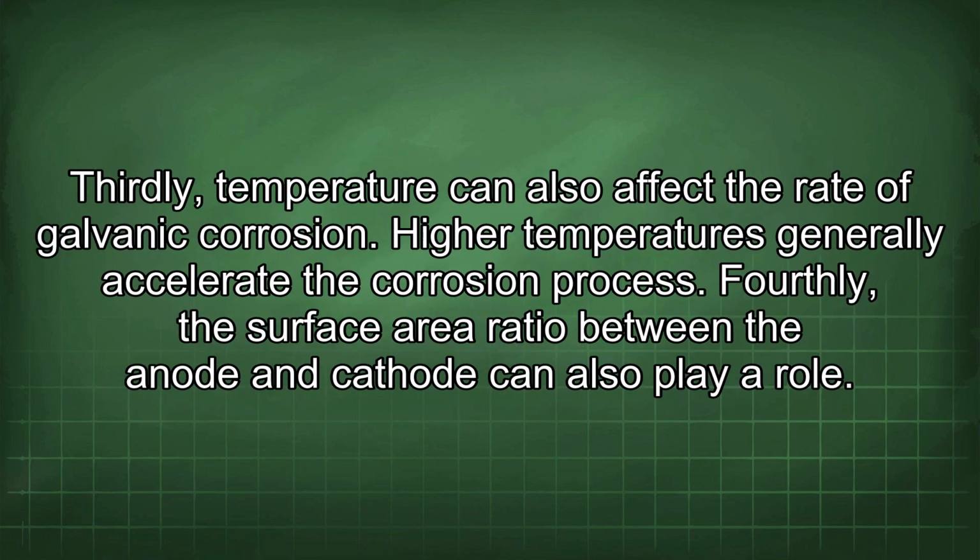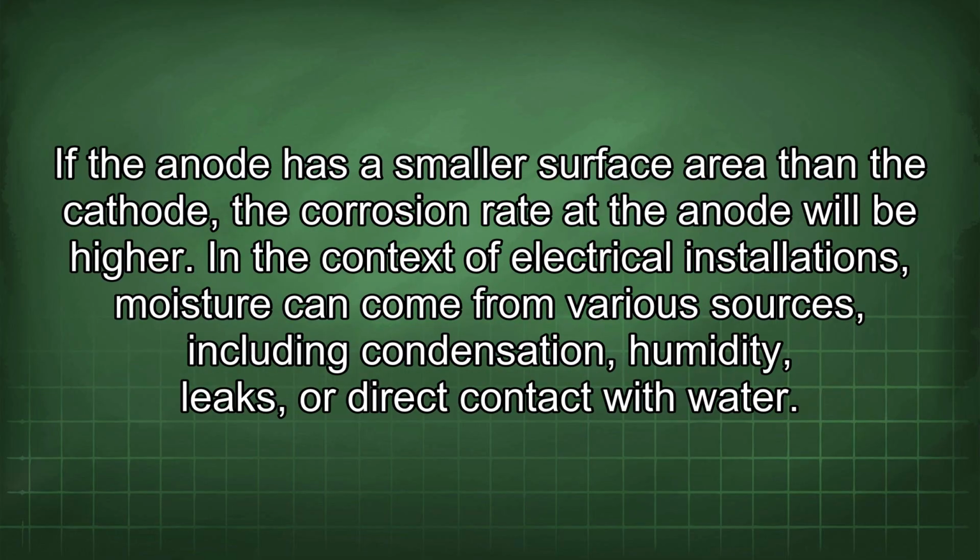Thirdly, temperature can also affect the rate of galvanic corrosion. Higher temperatures generally accelerate the corrosion process. Fourthly, the surface area ratio between the anode and cathode can also play a role. If the anode has a smaller surface area than the cathode, the corrosion rate at the anode will be higher.